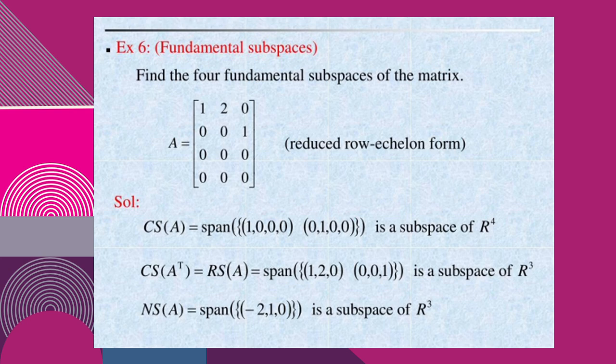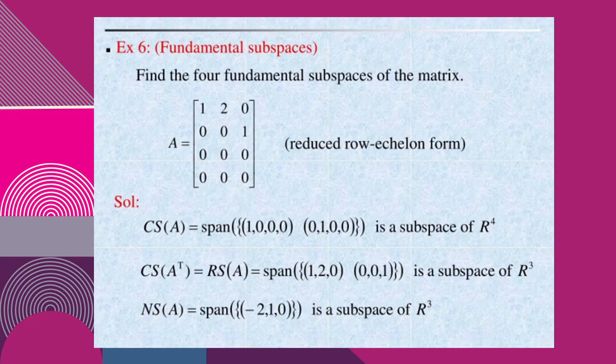Let's find the four fundamental subspaces of a matrix A that is already in reduced row echelon form. The column space of A, which comes from its pivot columns, turns out to be the span of (1, 0, 0) and (0, 1, 0), a subspace of R4.